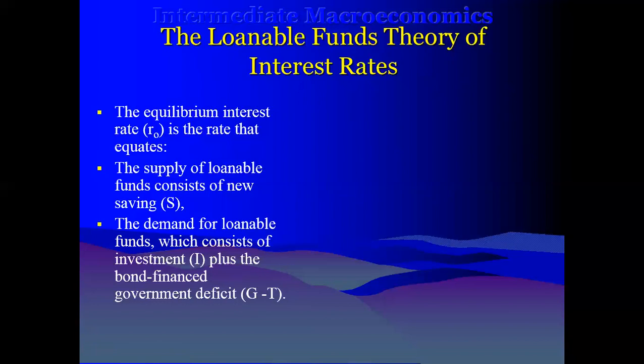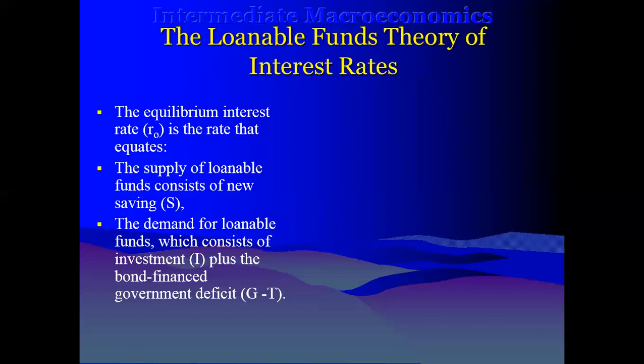It can just control tax to control consumption. But in a case where the government chooses to finance the deficit through demanding for bonds, then that's what we are talking about. It becomes part of the demand for loanable funds function.